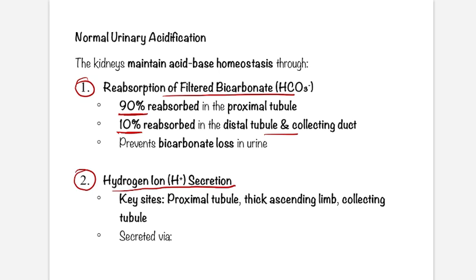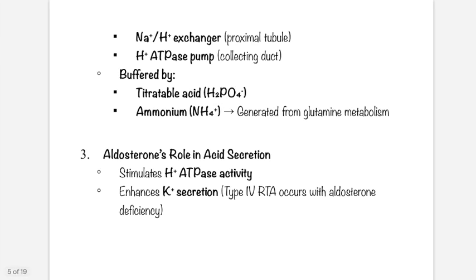For hydrogen ion secretion, key sites are the proximal tubules, thick ascending limbs, and collecting tubules. In the proximal tubule, H plus is secreted via the sodium H plus exchanger, and in the collecting duct it is secreted via the H plus ATPase pump.